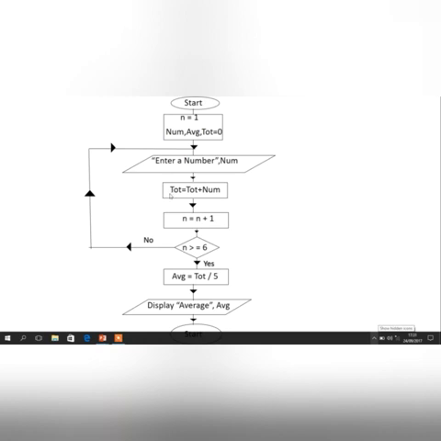So tot, total, is equal to the old total plus the number. So total is 0 plus 0, and over here they say the new n is equal to the old n plus 1, which is the new n is equal to 0 plus 1, so the new n is 1.